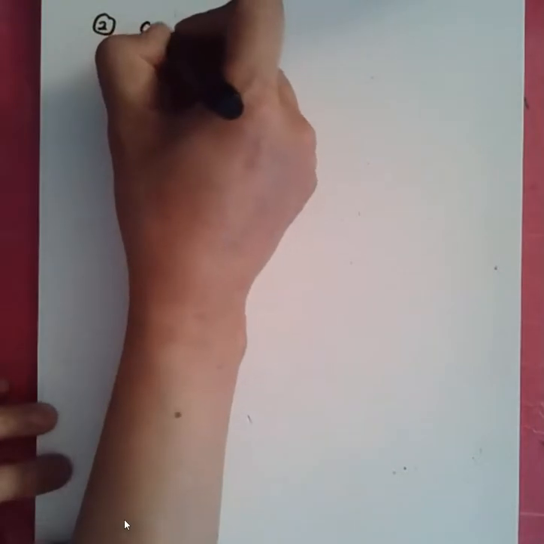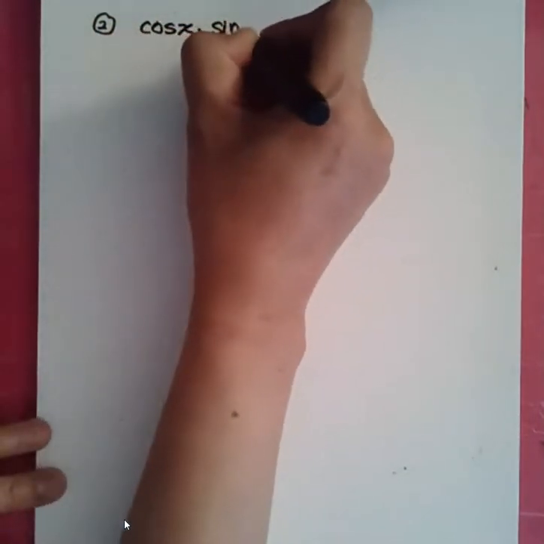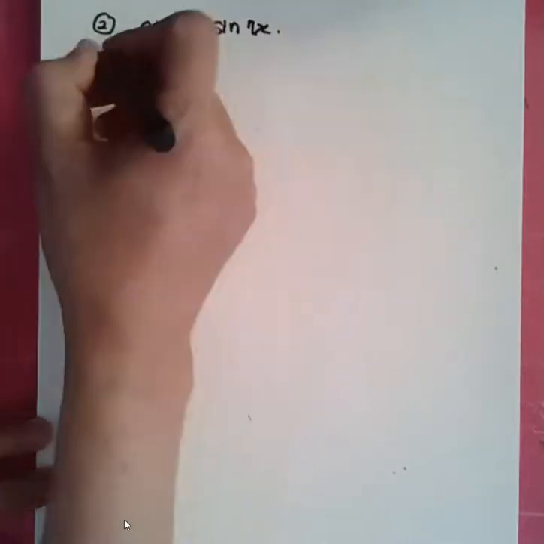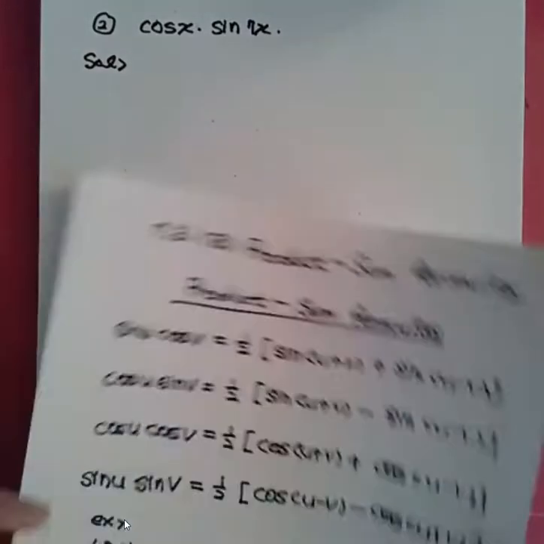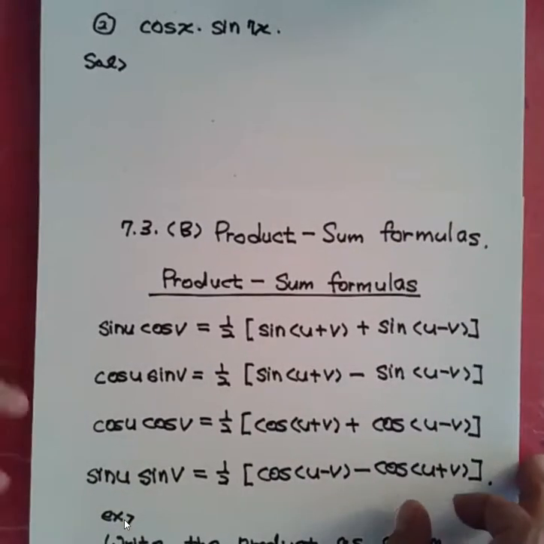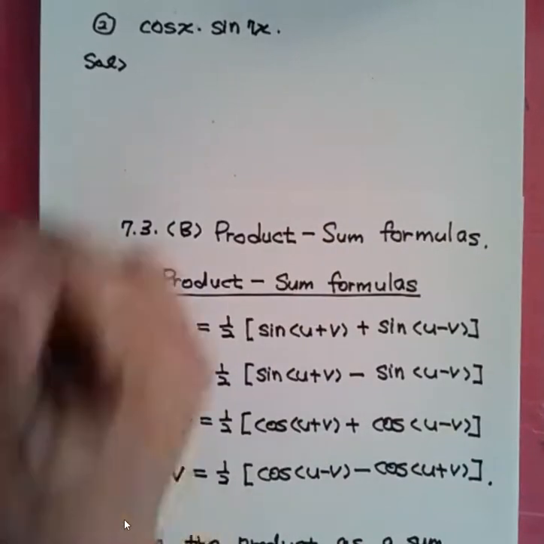The second problem is cosine of x times sine of 7x. This time it starts with cosine, so we will use the second formula.